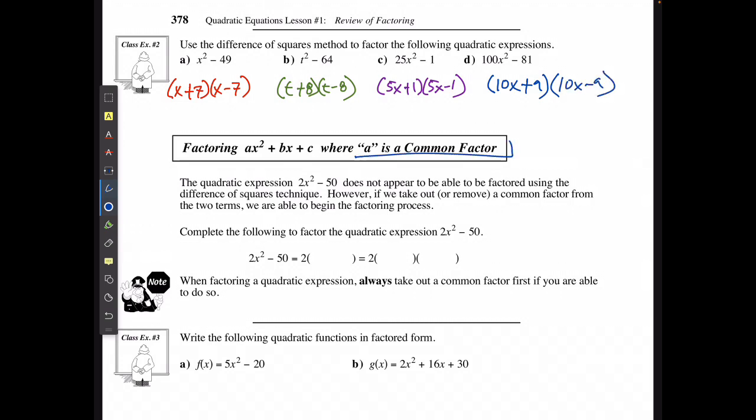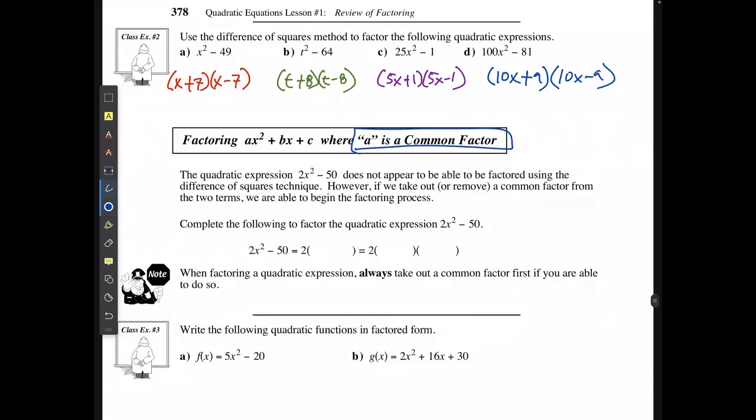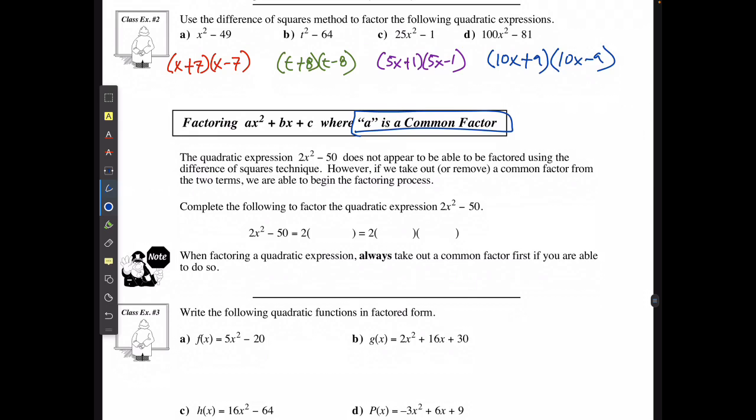If I'm removing a common factor, then all I'm doing is saying that I can divide all terms by the same value. In this case, I actually just have two terms, 2x squared minus 50. So I'm going to divide both of them by 2. And I get 2 and x squared minus 25.